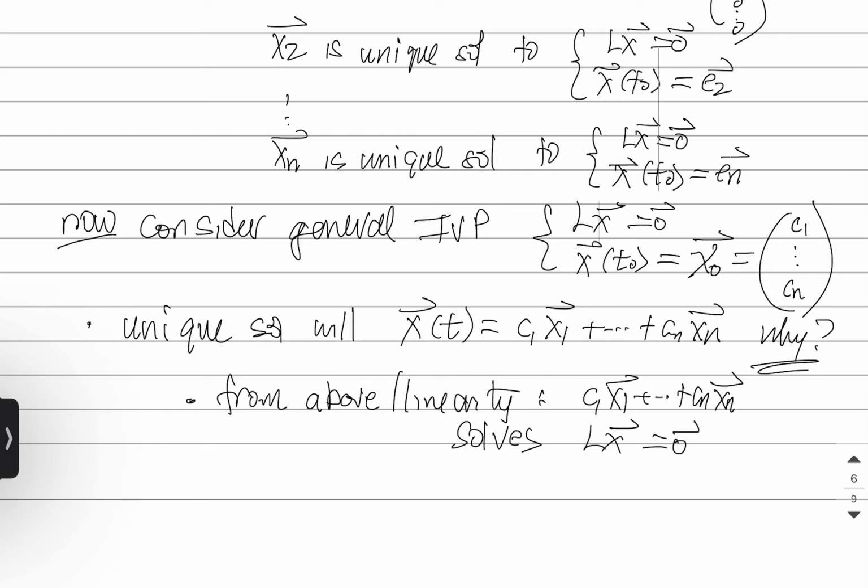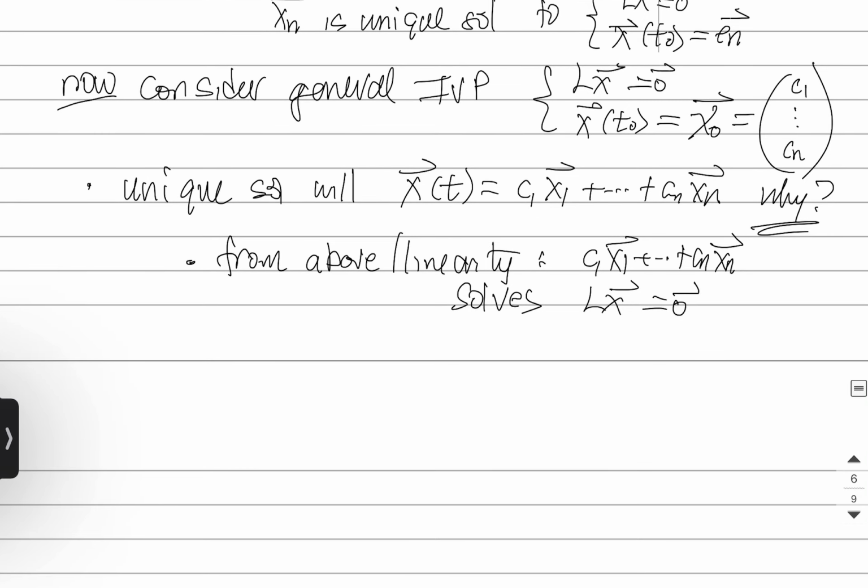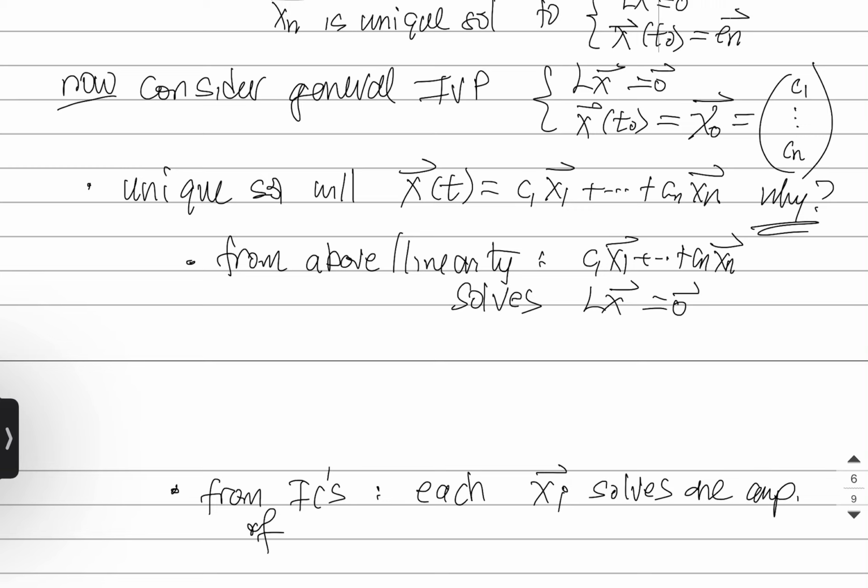We already know that. That has to actually be a solution. Now, from the initial conditions, when I go ahead and build this, each xi solves one component of the initial conditions.